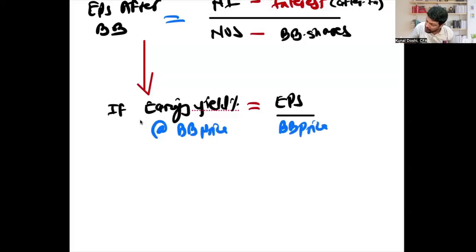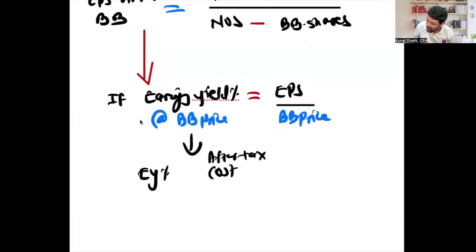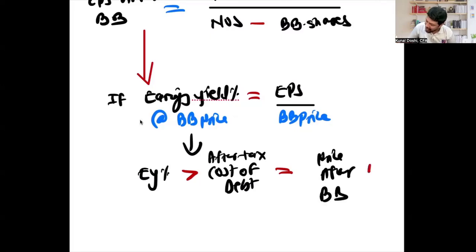This is going to be my earnings yield, right? If this earnings yield is greater than the after-tax cost of debt, then what will be the conclusion, guys? The conclusion will be that the price after buyback will be higher.